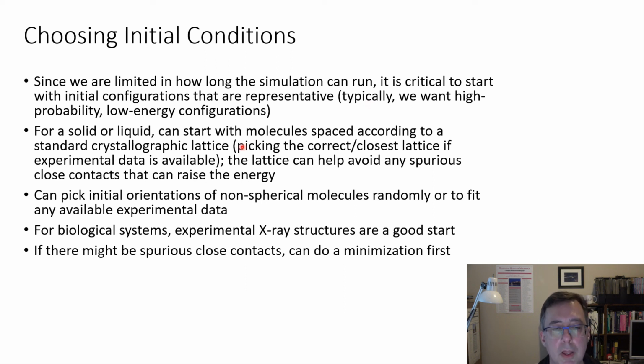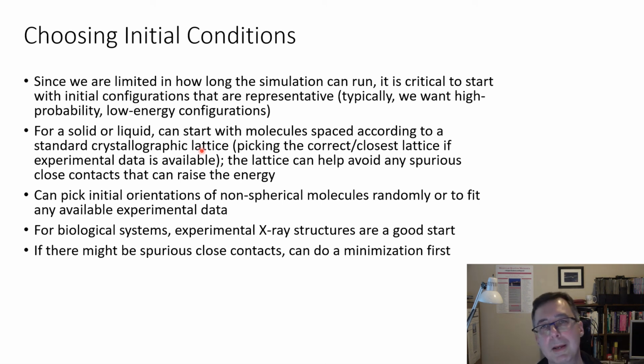Now, if I'm lucky enough to start off with a simulation where I'm trying to simulate a crystal lattice, then if I know something about the crystal structure of that molecule, then I'm off to a great start because I can just start with the idealized crystal lattice.